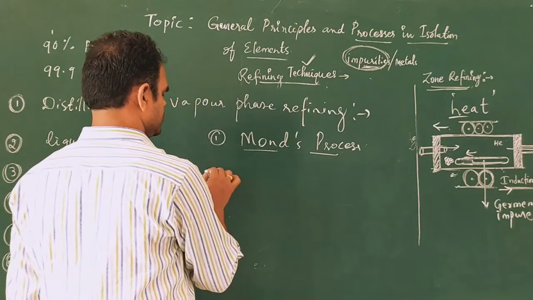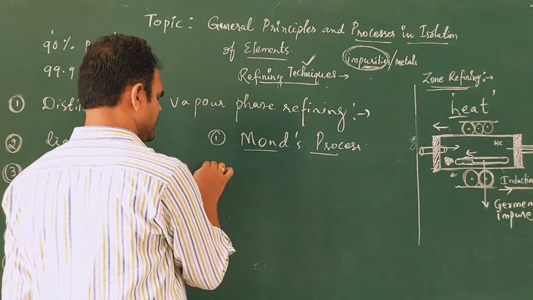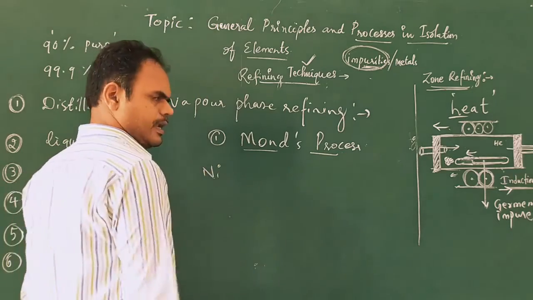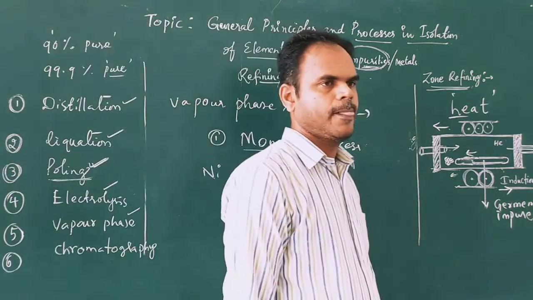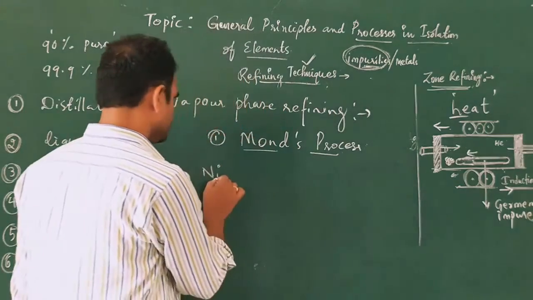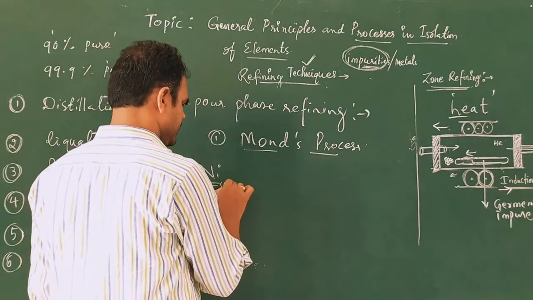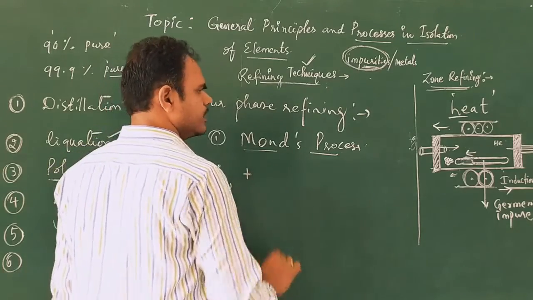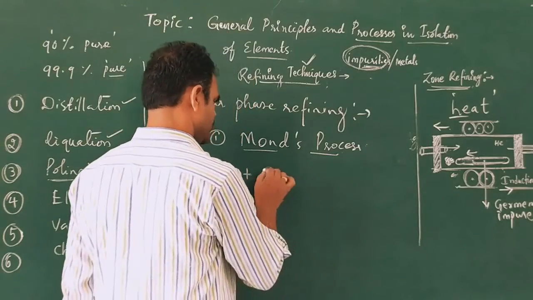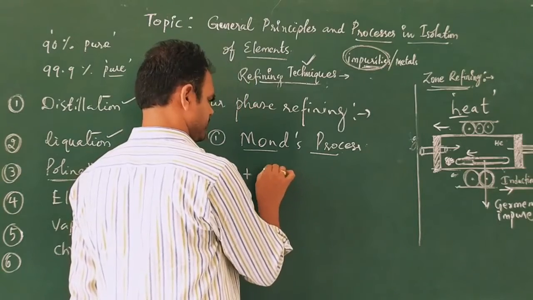We take the impure metal, nickel. This is applicable to nickel. The impure nickel has impurities. Then the nickel metal must be heated with a gas. What is the gas? You know, carbon monoxide.